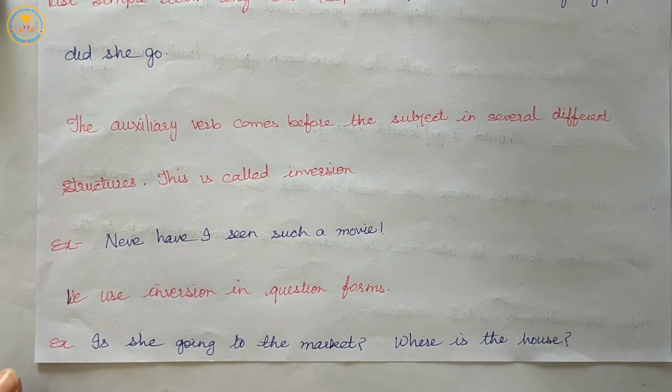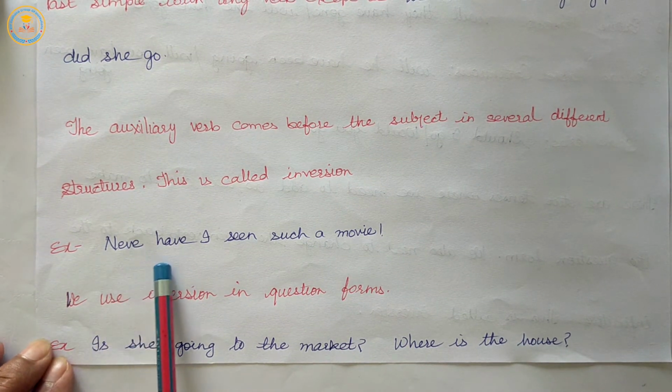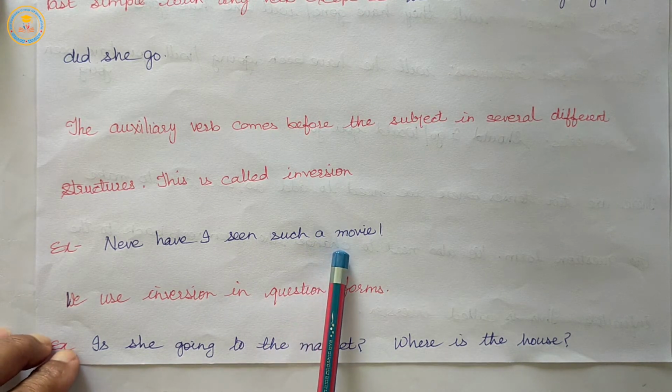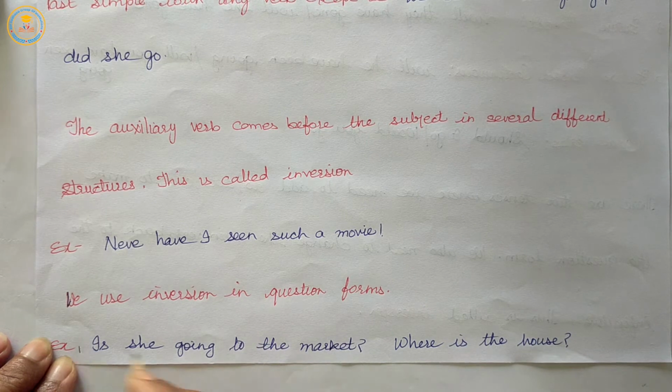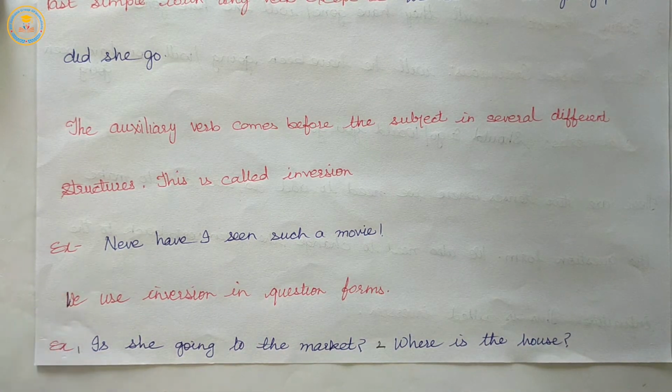Here you have seen the examples: first, never have I seen such a movie, and is she going to the market, or where is the house? So in this topic we read about inversion used with question forms and sentences that contain different tenses and different forms of verbs.